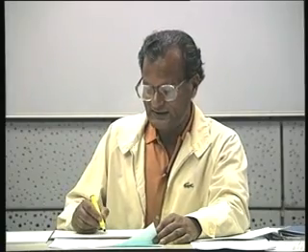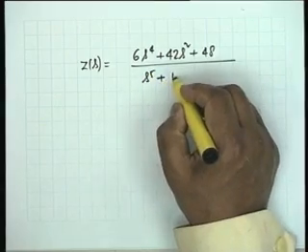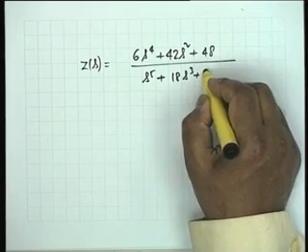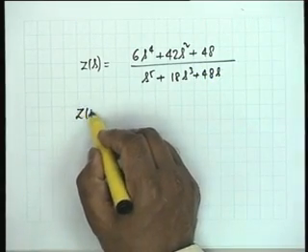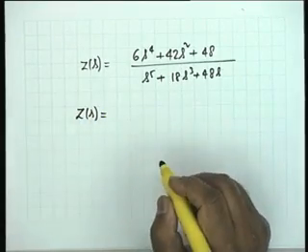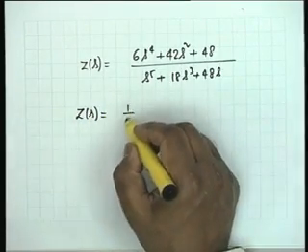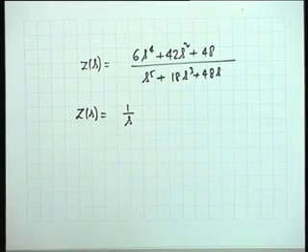Okay, look at this: S to the 5 plus 18 S cubed plus 48 S. What you are trying to do is you are writing Z of S as equal to its pole at the origin, which is obviously 1 by S. Agreed?